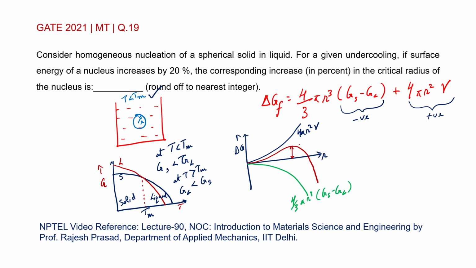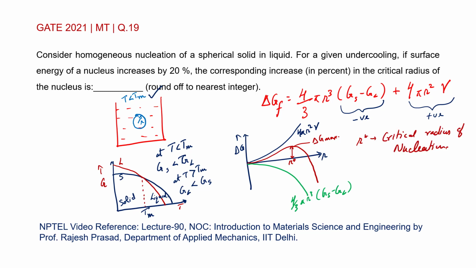Where this is the maximum, delta G max, and the radius of nucleus at which we get maximum free energy change is known as the critical radius of nucleation.